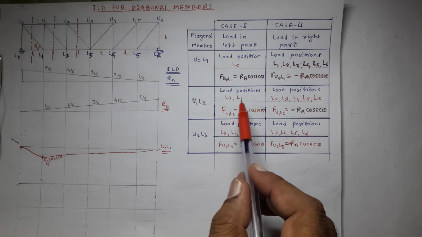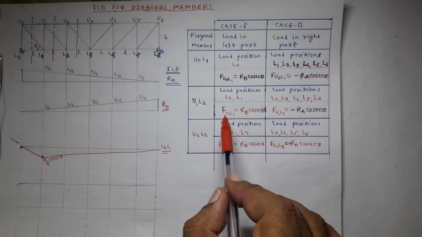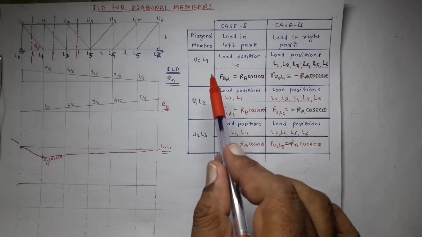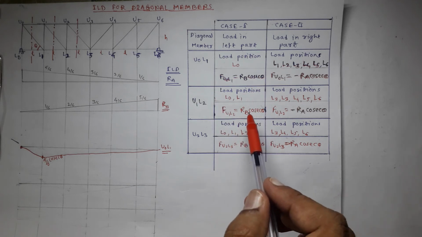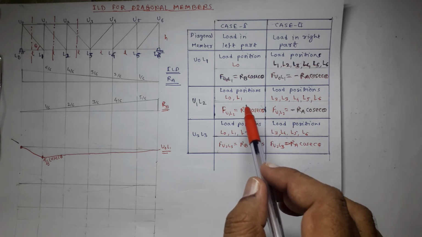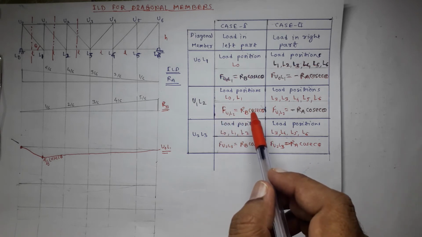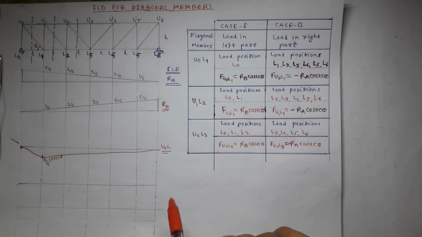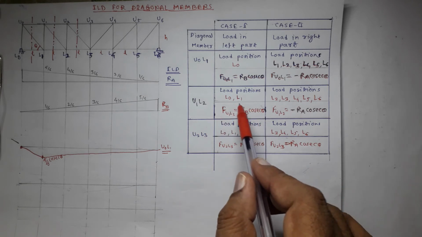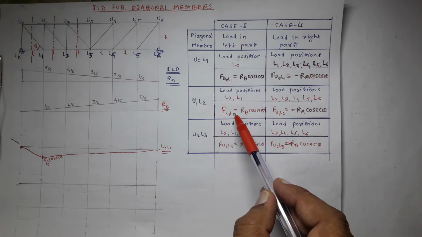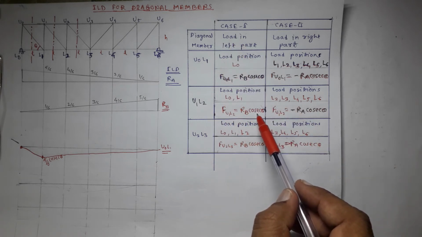Now when the load is in the left part, the force in the diagonal member is given by RB cosec theta in every case for all the diagonal members which are in the left part of the truss. Remember it well. So the diagonal member is in the left part and the load is in the left part of that section, then the force is given by RB cosec of theta. So if U1 L2 is to be obtained, it is RB cosec of theta.